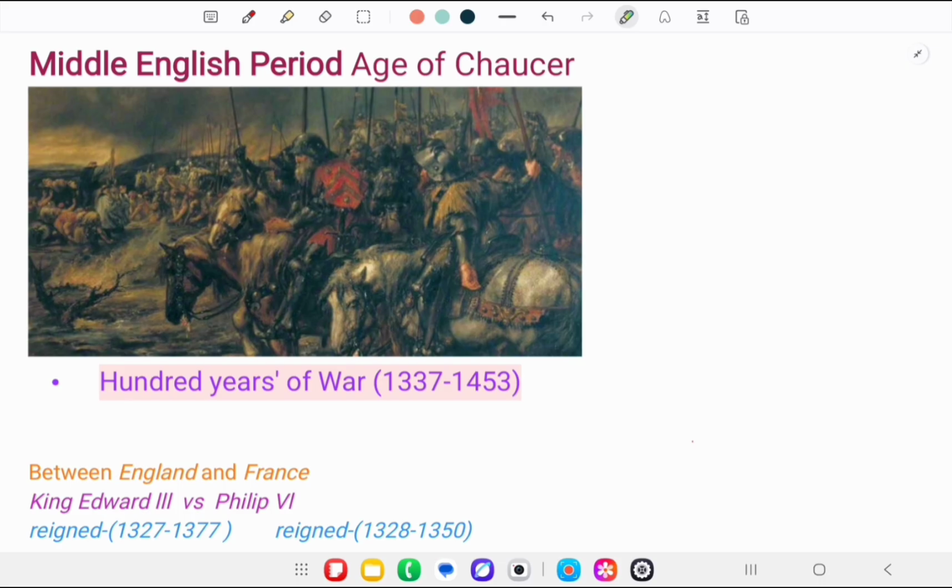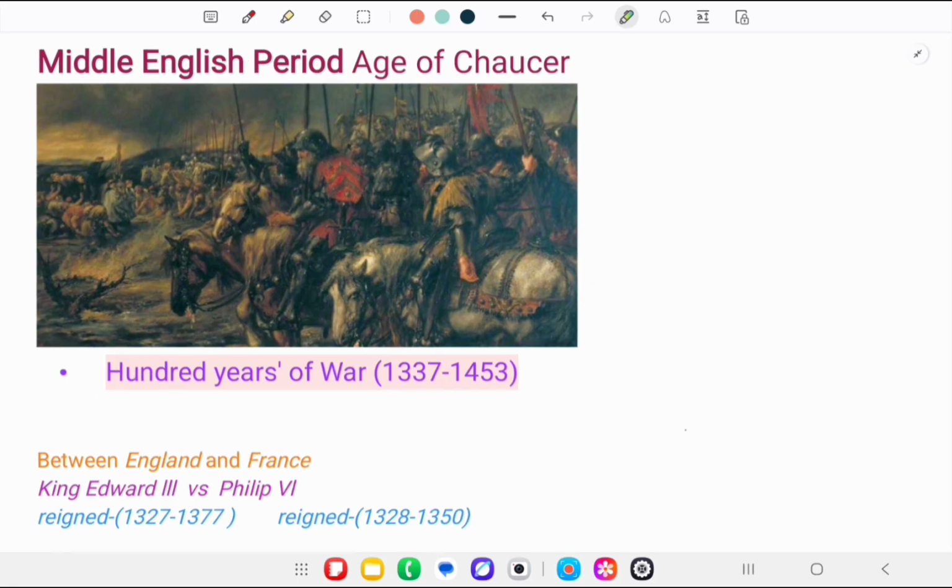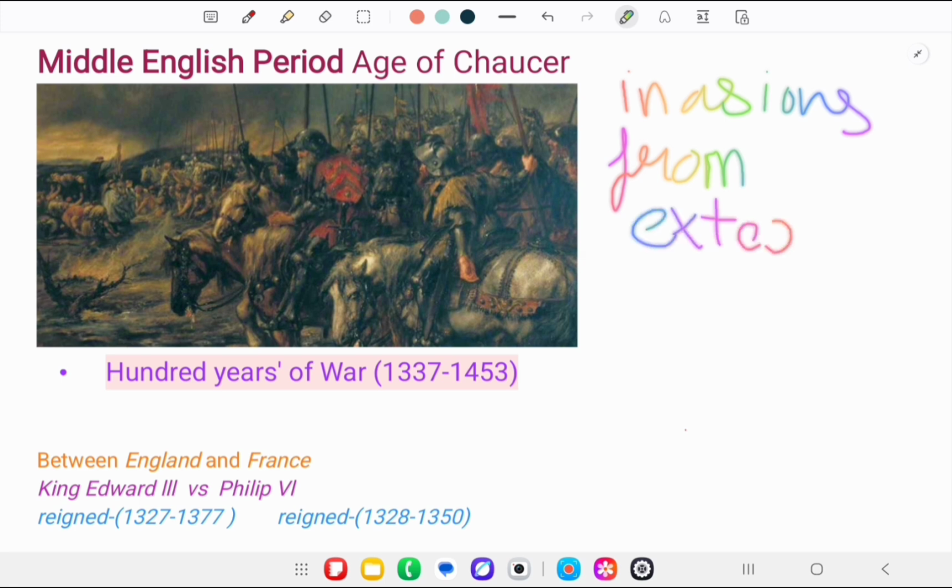England also started receiving threats from neighboring kingdoms and invasions from external powers.